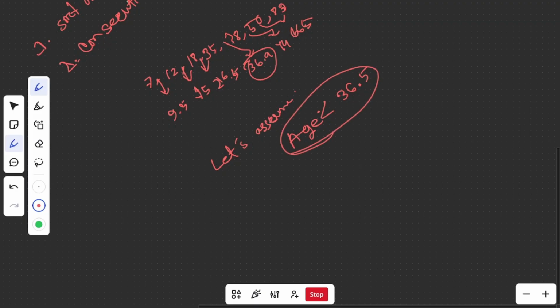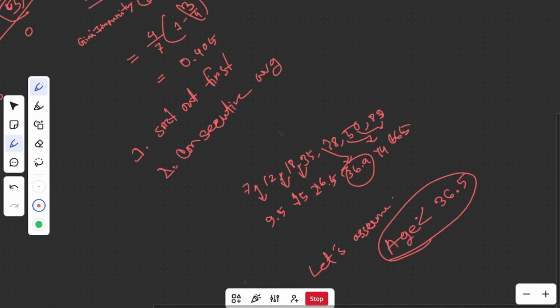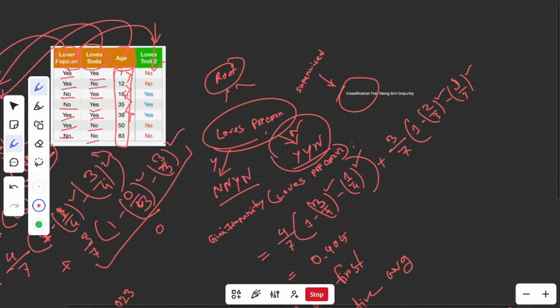Okay, so we have to make a decision for it. This falls between 35 and 38. Okay, let's see the table. 36.5.